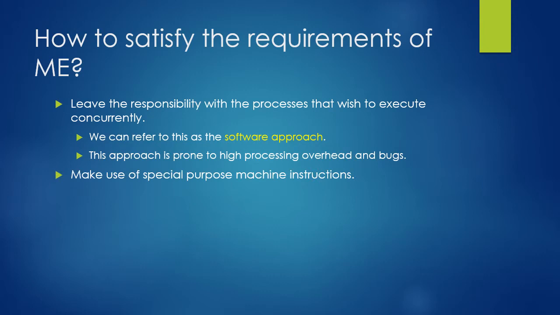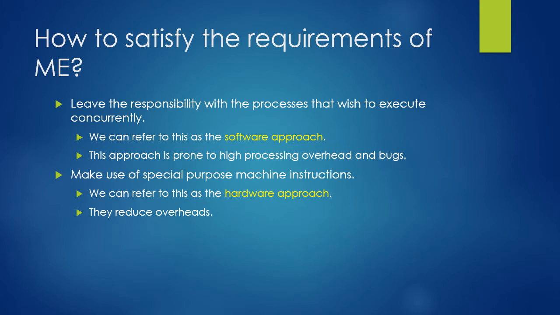A second approach involves the use of special purpose machine instructions. We can refer to this as the hardware approach. These have the advantage of reducing overhead, but nevertheless will be shown to be unattractive as general purpose solution.